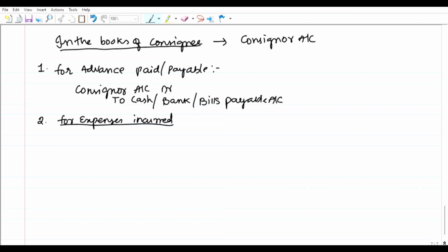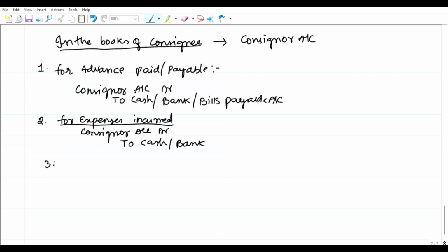So he will make the consignor a debtor. Consignor account debtor to cash or bank account. Here it will not be paid in the form of a bill. So, consignor account debtor to cash or bank account.